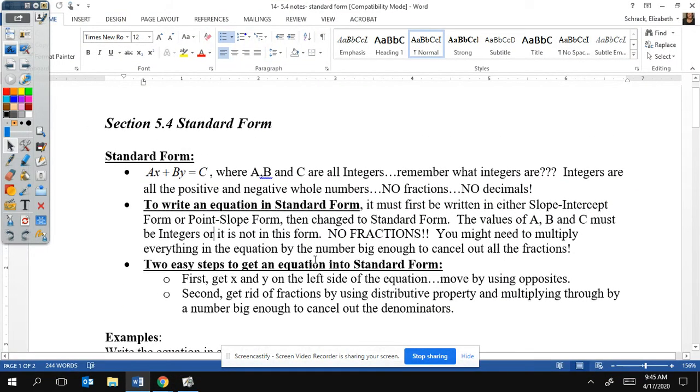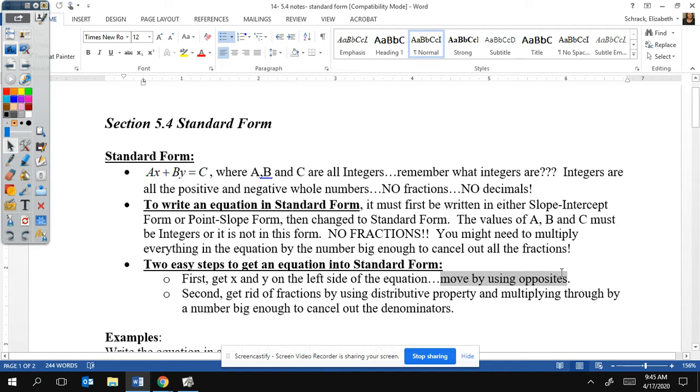Okay, so we're going to start with a quick refresher on standard form. Standard form is the formula ax plus by equals c, where a, b, and c are all integers, meaning whole numbers. They can be positive or negative, but there can absolutely be no fractions. Our goal today is to get the x and the y on the same side of the equation.